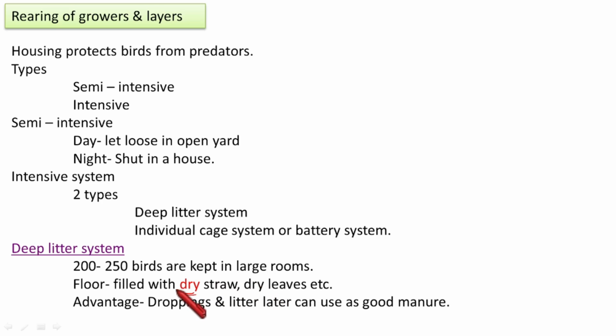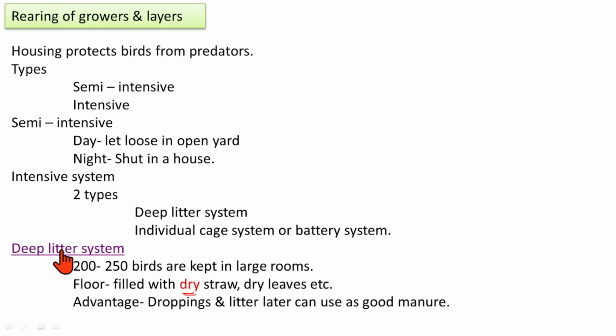So that's why dry straw and dry leaves are very important for flooring. And what's the advantage of this deep litter system? The droppings and that flooring litter we can later use as good manure.